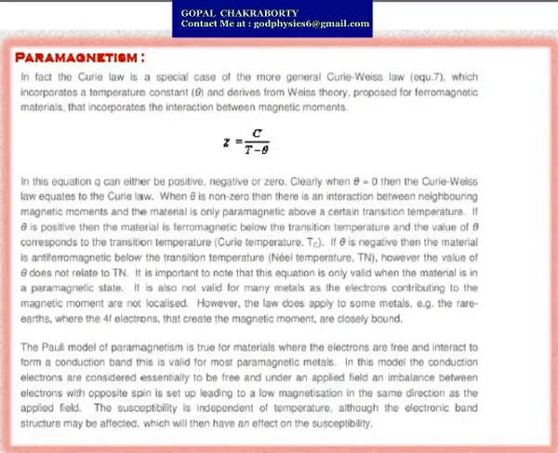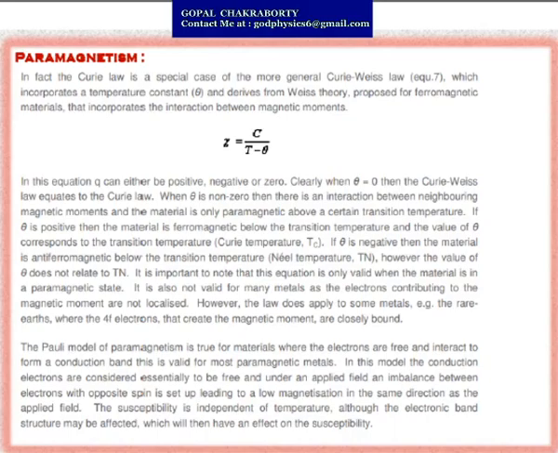In fact, Curie's law is a special case of the more general Curie-Weiss law, which incorporates a temperature constant theta and derives from Weiss theory proposed for ferromagnetic materials.